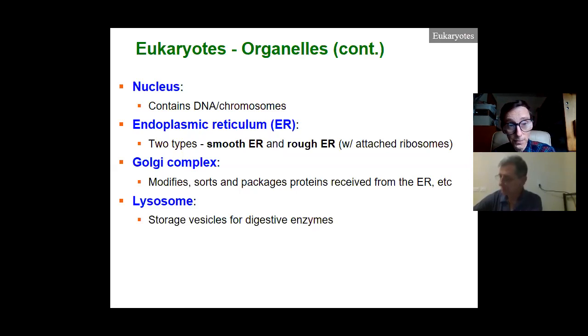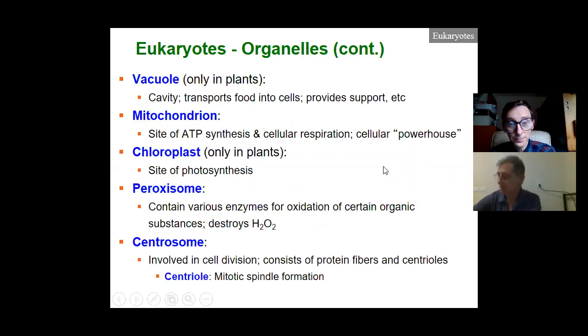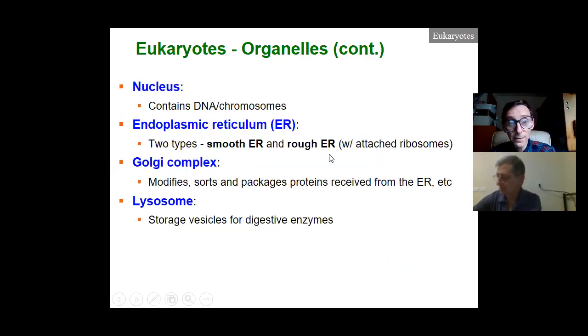And there are two types of ER. The smooth ER with no ribosomes attached, and the rough ER with attached ribosomes. And if you remember, ribosomes make proteins. And so the rough ER is involved in the making and modifying of proteins, and the smooth ER is not. It's involved in the making of lipids for the cell.